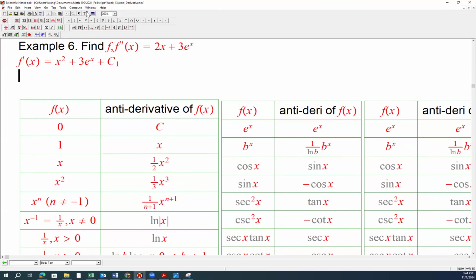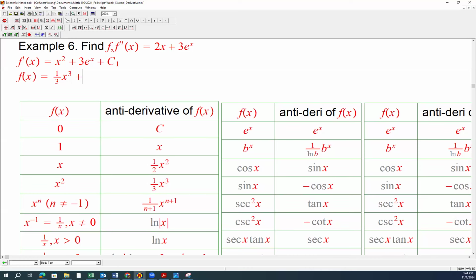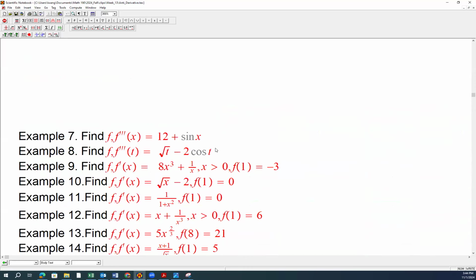And f of x equals the antiderivative of x squared, which is a third of x raised to the power 3, plus 3 times e to the power x, so this part is the same, plus c sub 1 times x plus c sub 2. Done. Finished. Once again, many solutions.